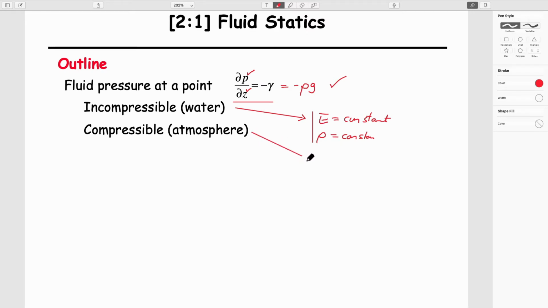But for the atmosphere, we know that E is roughly equal to the pressure. And we also know that pressure is equal to rho R T, all in absolutes, right? So we could rearrange that to get density as a function of pressure over RT.